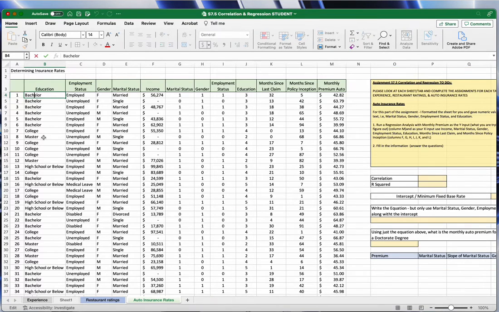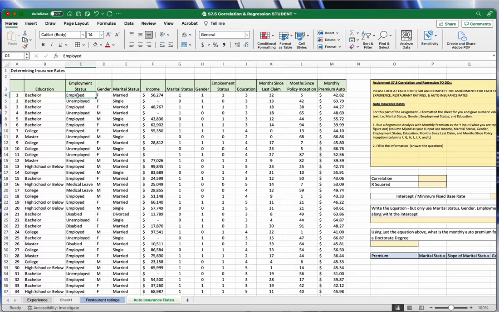In this case, we have high school or below, some college, a bachelor's degree, a master's degree, and further down, a doctorate degree. So we had to give it some type of value. High school or below, we gave a value of 5. Some college, a value of 4. A bachelor's degree, 3, a master's degree, 2, and down below, we'll see a doctorate degree at 1.